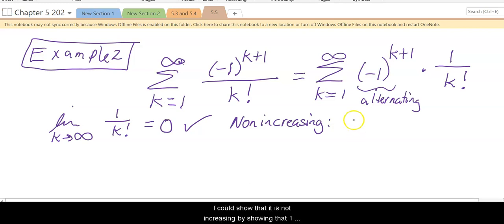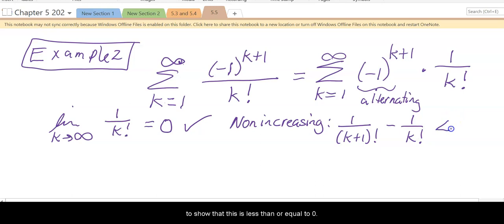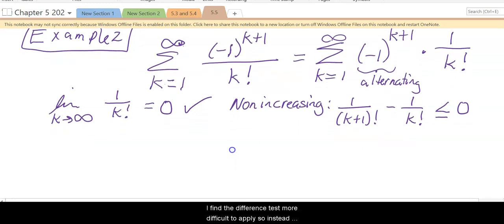I could show that 1 over k plus 1 factorial minus 1 over k factorial is less than or equal to 0. This is the difference test. I find the difference test more difficult to apply, so instead I'm going to do what's called the ratio test.